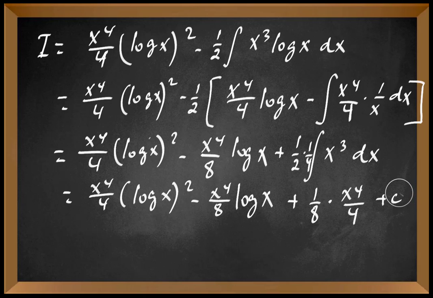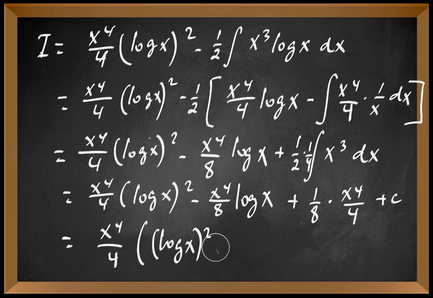Okay, so finally, if we put x to the power of 4 over 4 in factor in all these, that will give us x to the power of 4 over 4 times the quantity log of x squared. There you go.